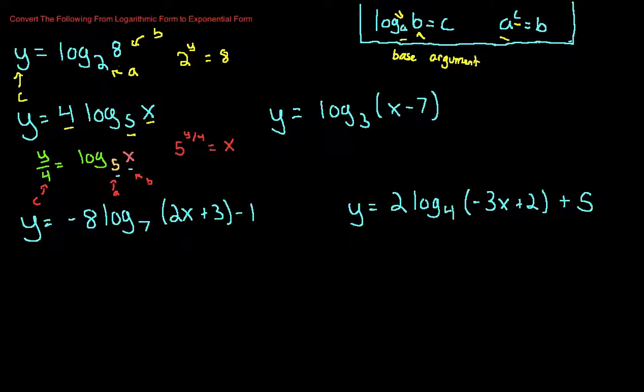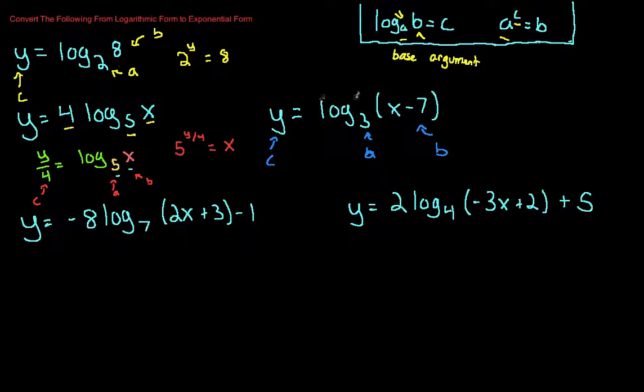Looking at the next problem, my y value is my c term, my 3 value is my a term, my base, and x minus 7, this whole thing, is the argument, so it's the b value.